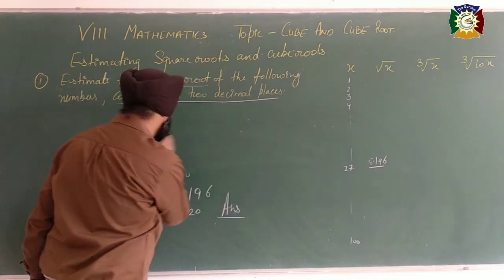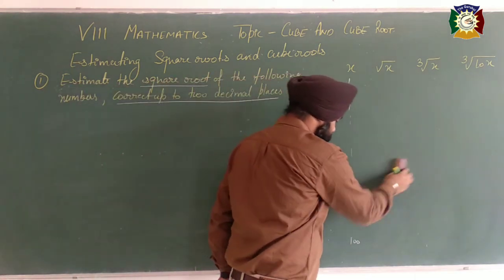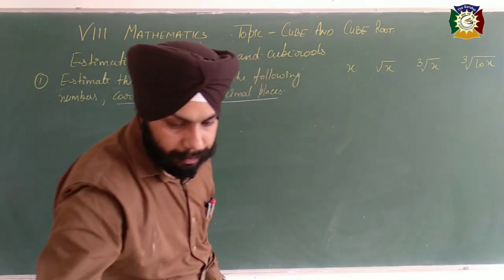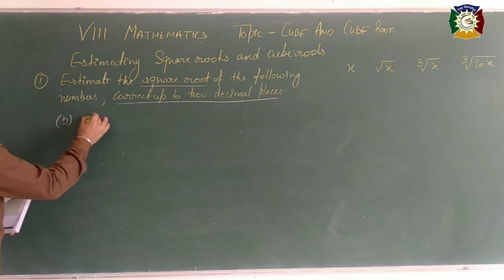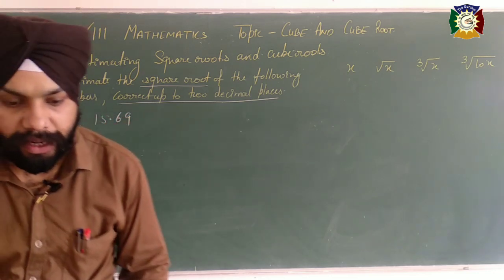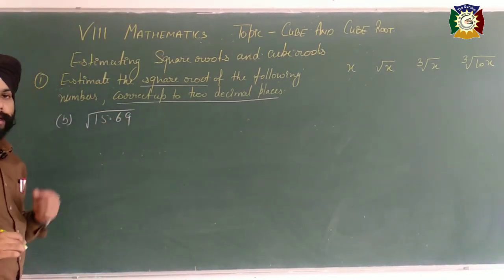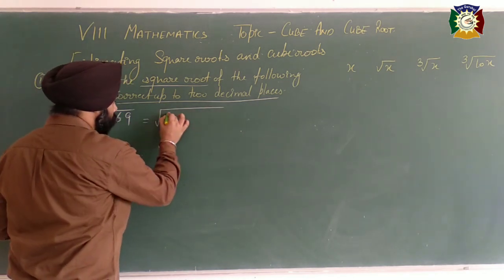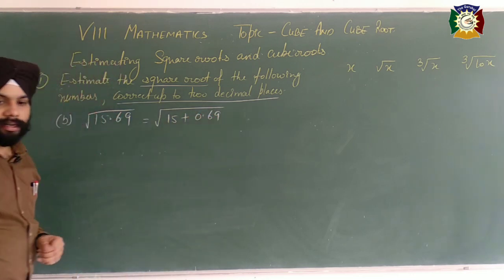Next, it's the B part: 15.69. We have to find the square root of this value. This decimal number can be expressed as a whole number plus a decimal.